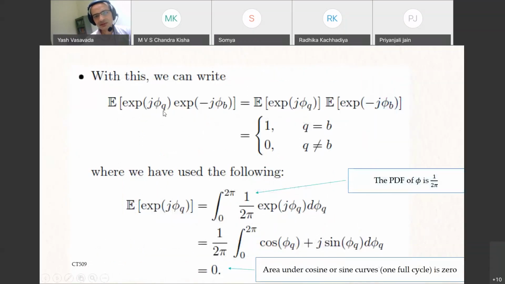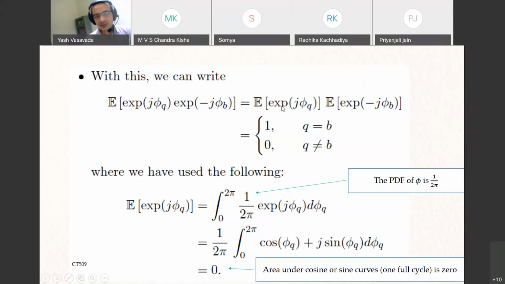So if I have two different transmitters, one has an index of q, the other has an index of b, and I take the expected value of the product of their phases after I take the second user and do complex conjugation, then first of all, because these phases are uncorrelated, this expected value just simplifies to the product of the individual expectations.